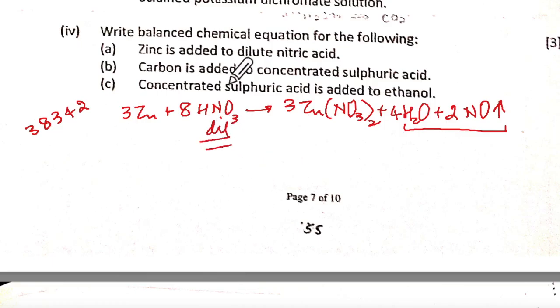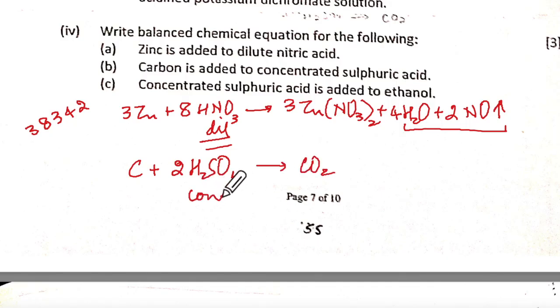Carbon is added, so we need 2H2SO4. C gives CO2 with conc H2SO4. And what is the package deal? 2H2O plus 2SO2, because there are 4 H's.